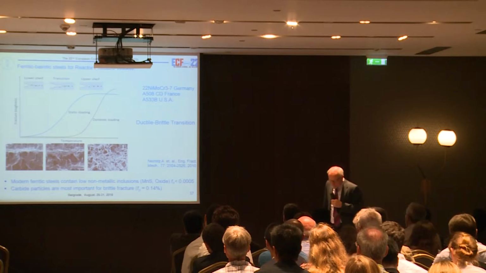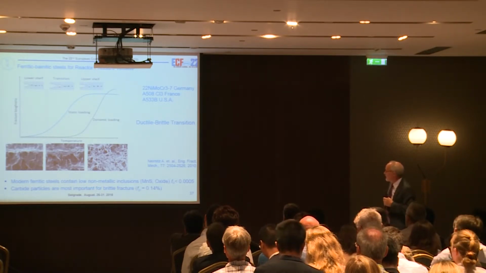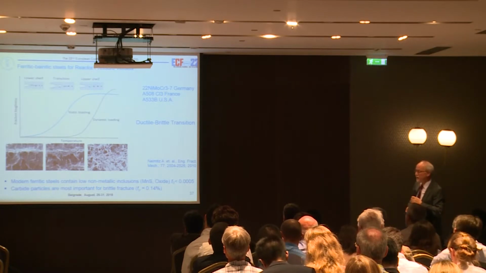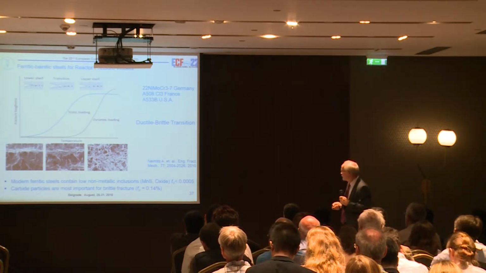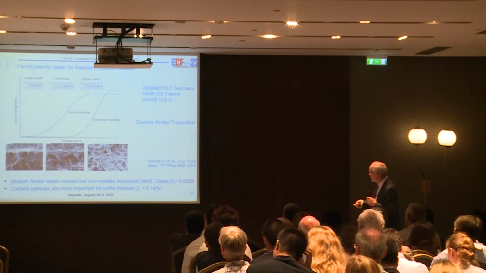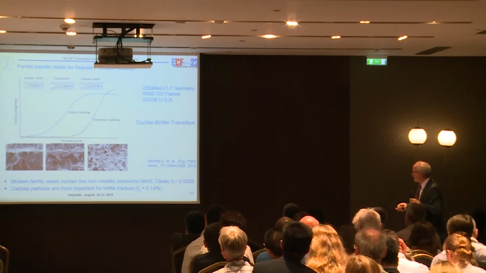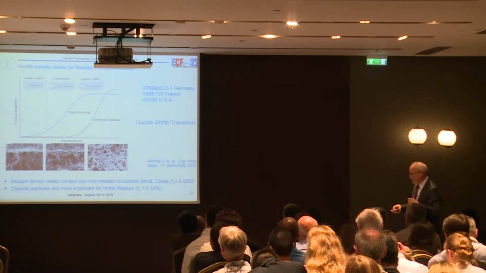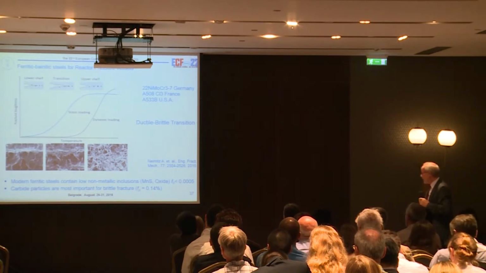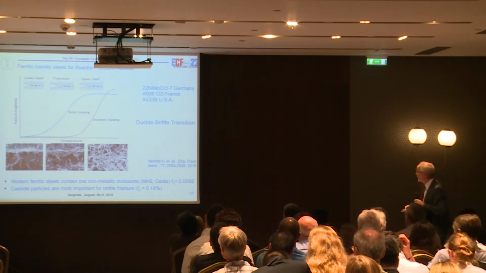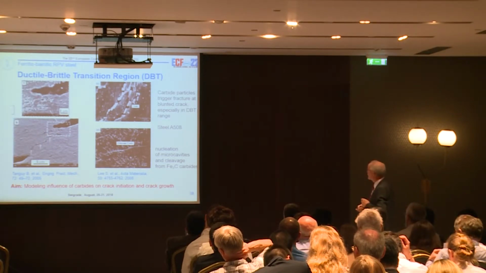So we concentrate on the modern steels, which have a very low content of sulfur or manganese and other oxide inclusions, so very small ones. In that case, the carbides have a higher volume fraction than the oxides, and they are important for the fracture behavior, especially in the transition region.